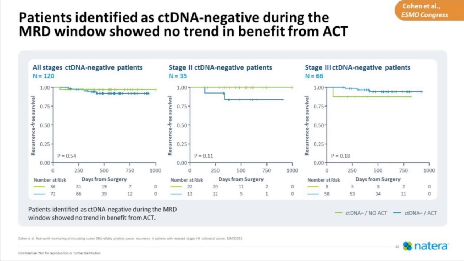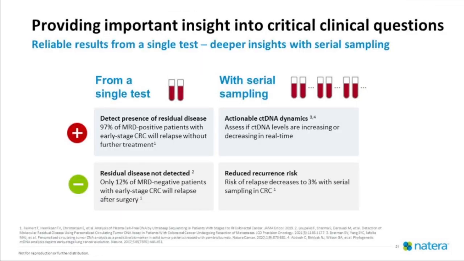Here, in patients who had negative ctDNA and received adjuvant chemotherapy versus, in green, ctDNA negative with no adjuvant chemotherapy, there's very, very little difference. If you are not able to detect DNA in the bloodstream using this platform, there did not seem to be any real benefit for giving adjuvant chemotherapy.